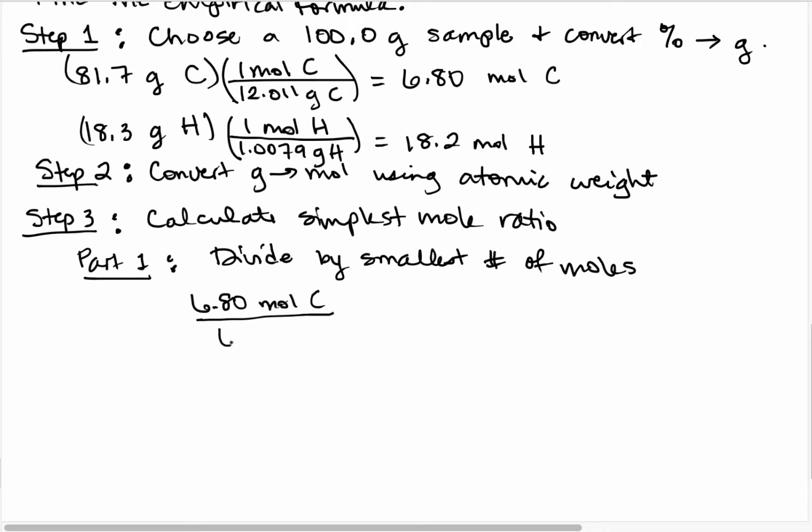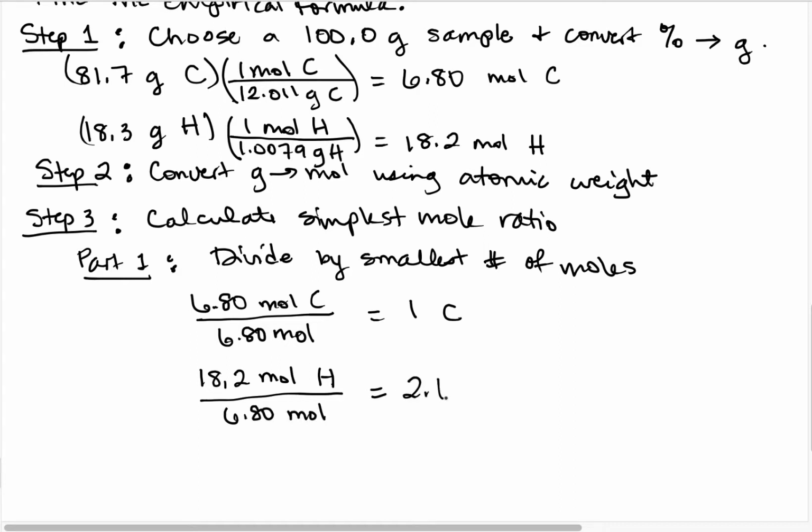We're going to divide that by the smallest number, which is 6.8 moles. And so we can see that's going to be 1, of course. And then we're going to take the other number, 18.2 moles of hydrogen, and divide it by 6.8 moles. And when you do this, you're going to get something like 2.67 hydrogens.